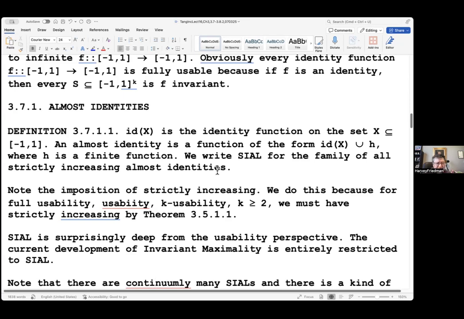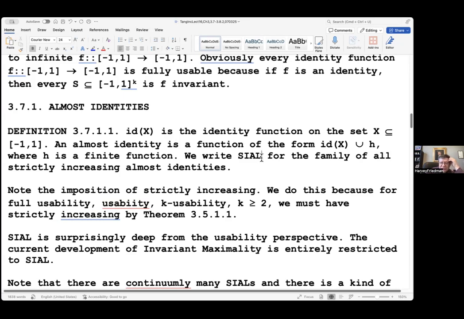Actually, psi L, I don't know really why I called it psi L. I think I should call it psi, strictly increasing almost identity. Do I want to call it psi A? That's not pronounceable. How about psi L? I think I'll call it psi L. Almost identity, almost L, psi L. All right, let's just call it psi L. Strictly increasing almost identity.